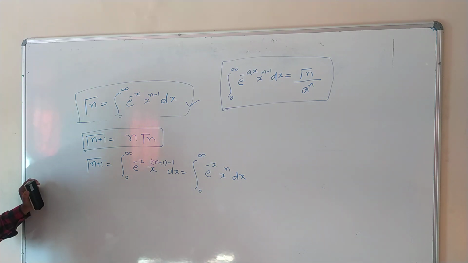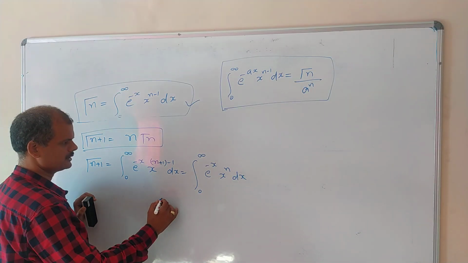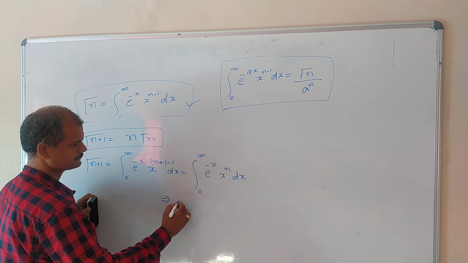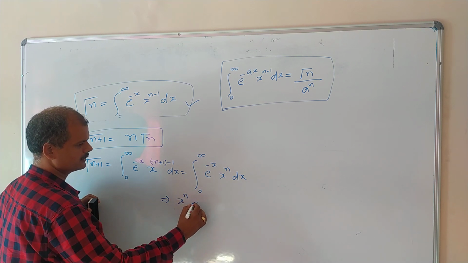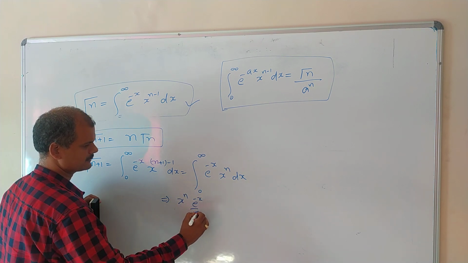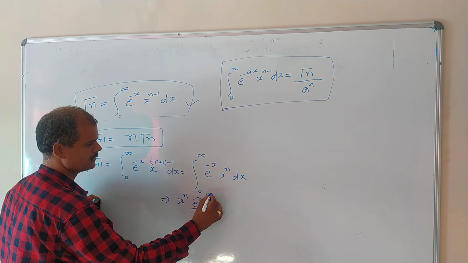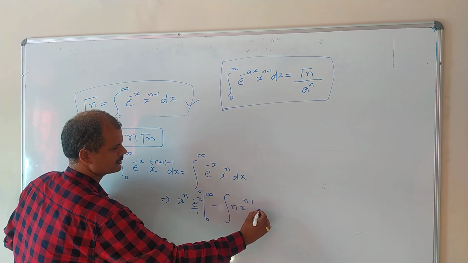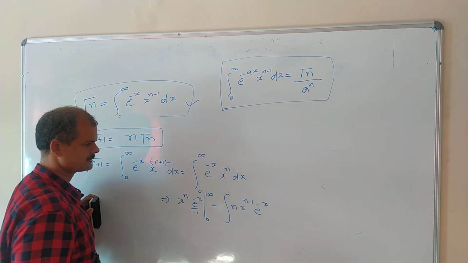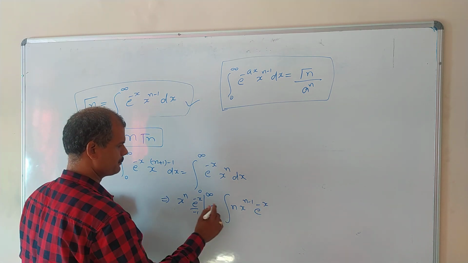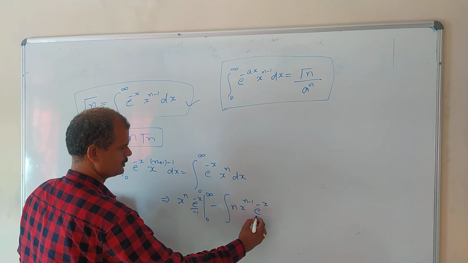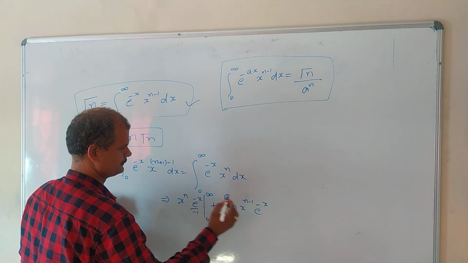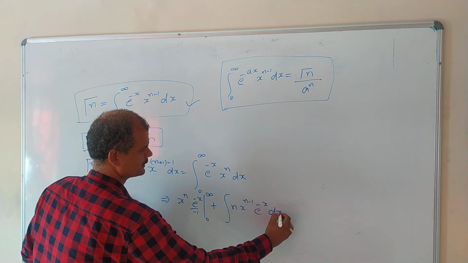Okay. So we can use integration by parts here. So we get x power n times the integration of e power minus x, which is minus e power minus x, from 0 to infinity, minus the integral of n x power n minus 1 times minus e power minus x, and minus will become plus here, dx, right?